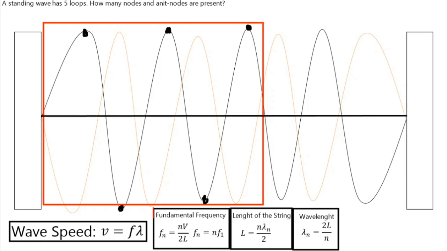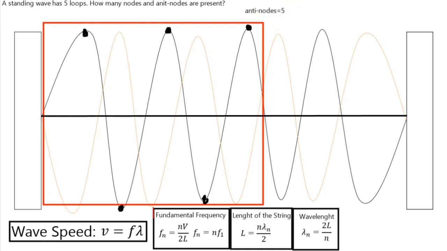And now we're just going to put the equilibrium position of the string, or the original position of the string. So we have 5 antinodes. And let's count the number of nodes.